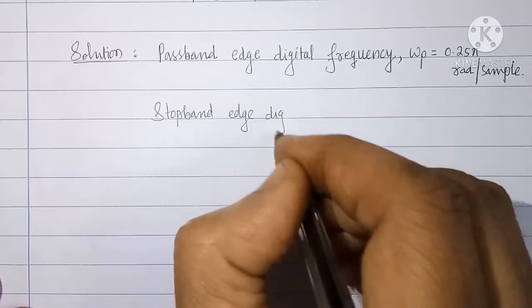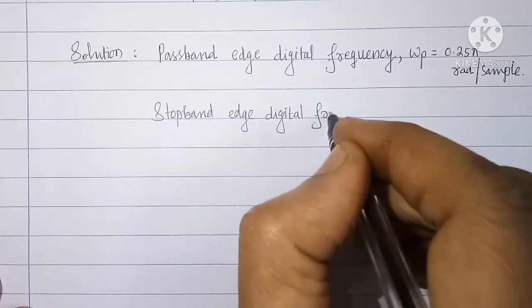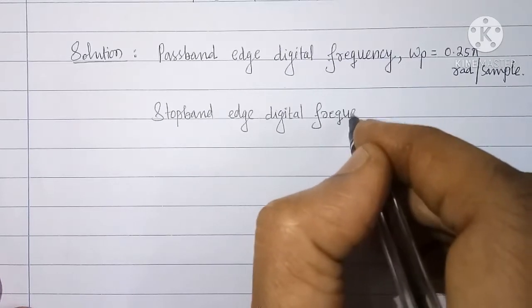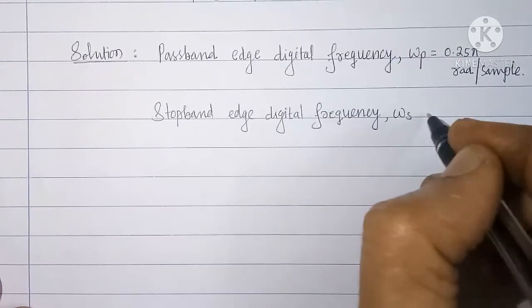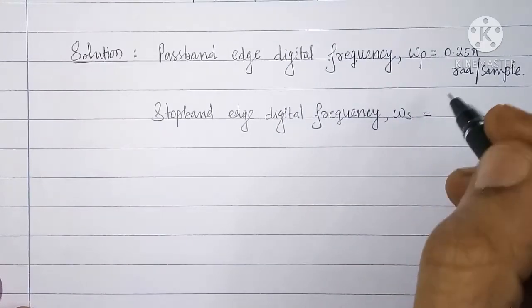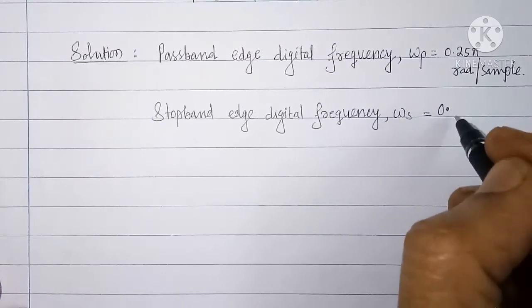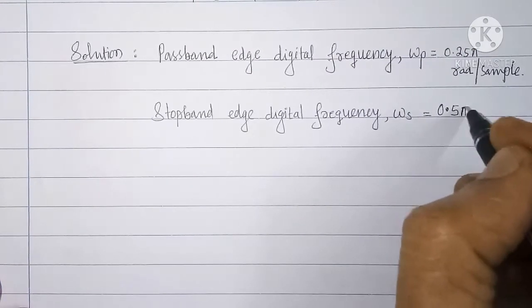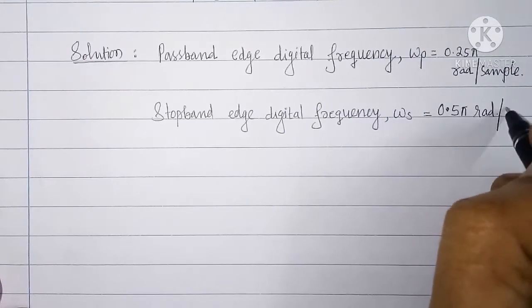Stop band edge digital frequency omega s equal to 0.5 pi radians per sample.